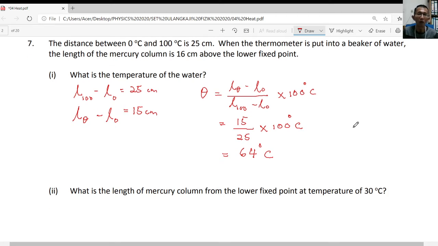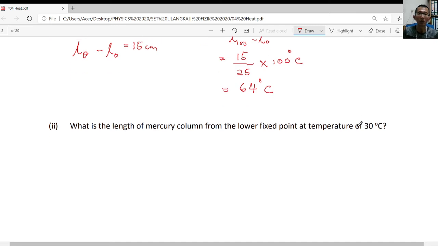Alright, so we move on. What is the length of the mercury column from the lower fixed point at a temperature of 30 degrees Celsius? Now we want to know, from L30, that will be our L theta actually, to L0, the difference is what we don't know.